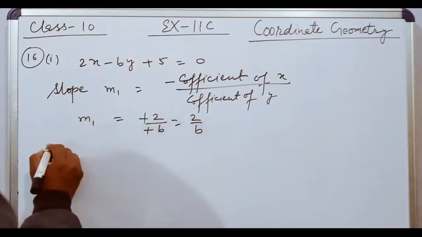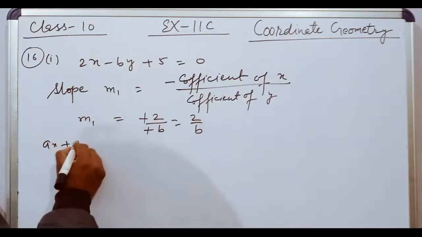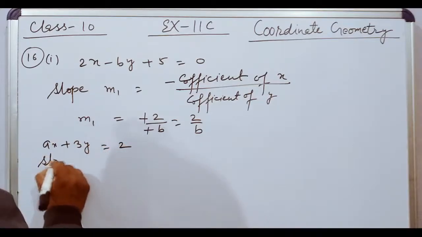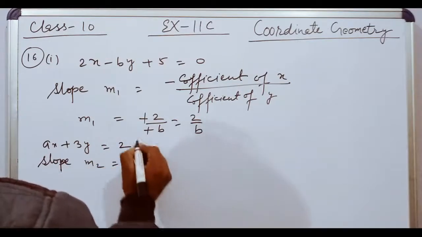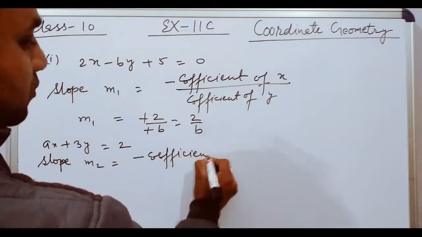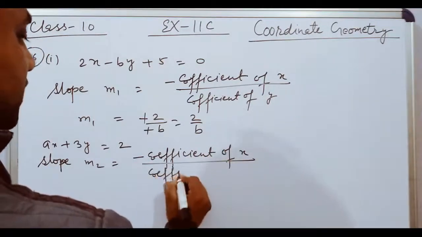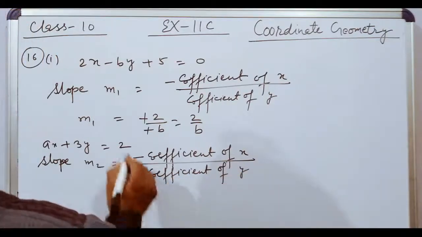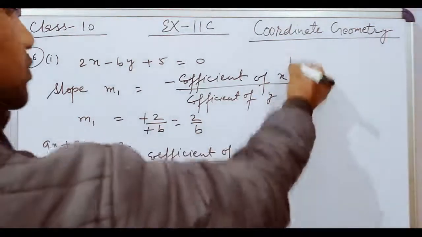Now the second line is ax plus 3y equal to 2. So slope m2 equal to minus coefficient of x upon coefficient of y. This is minus a upon 3.